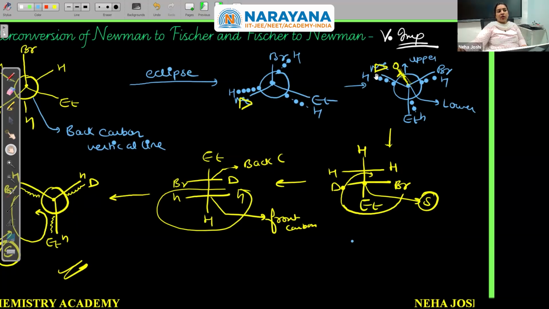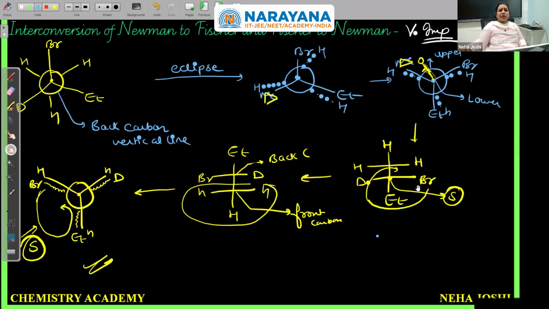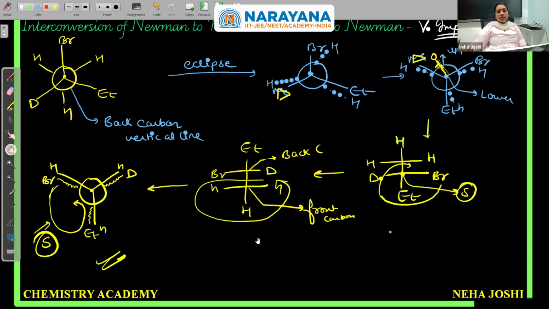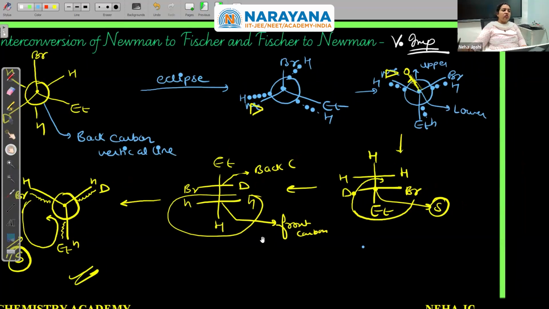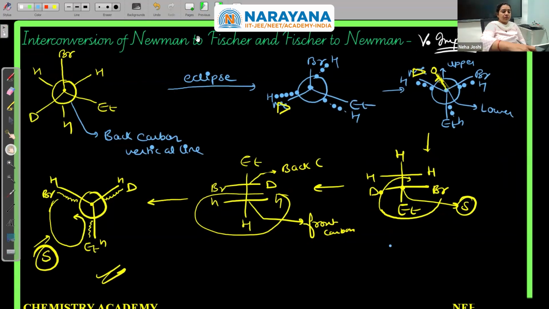Back carbon, hydrogen and hydrogen. Front carbon, bromine and deuterium. So bromine and deuterium, right, left, you just put. After this, you can simply check the RS if you want to confirm. That is the easiest way to have an idea whether you have done it right or wrong.